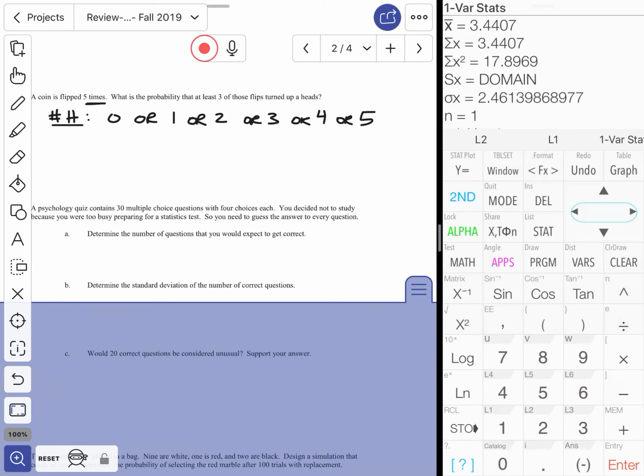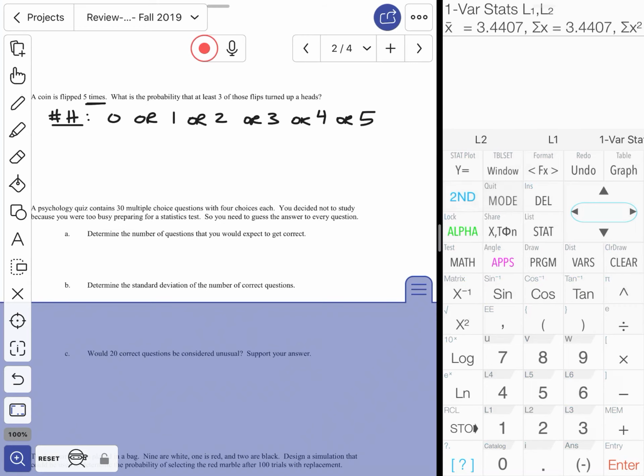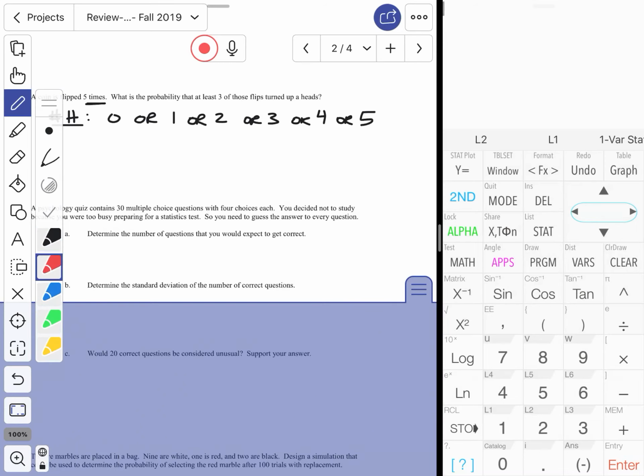All right, so what I'm going to do is decide. I can use Binompdf. If I'm using Binompdf, I would want to find Binompdf for each of these 3 values. So I would compute Binompdf for each one of those values and then add them all up.